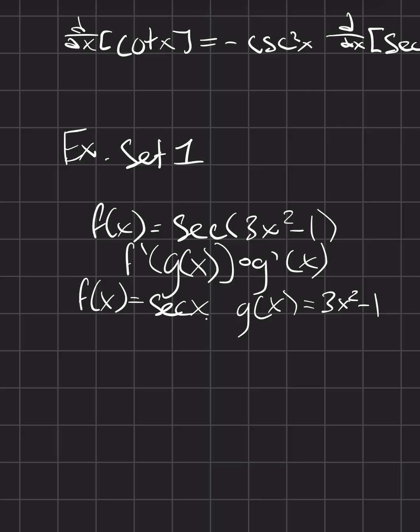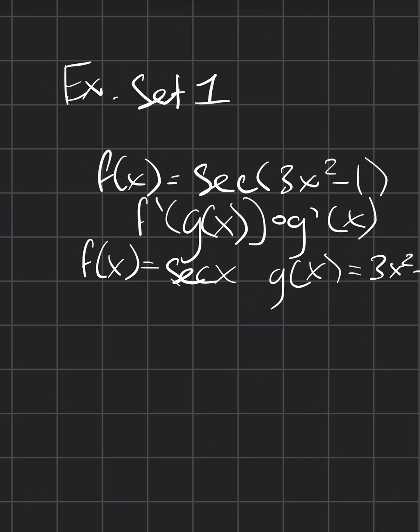Let's think about it. If we have the secant function, and we replace the x value with whatever our g of x is, that's the same as f of g of x, and that's essentially what we want. And then we can take the derivative of each one of these respectively.